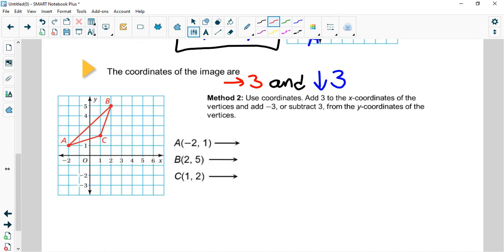So when I said earlier we add the horizontal value, it means we add 3 to the x coordinate. For the y coordinate, it tells me that I'm counting down 3. And when you count down, you get smaller. You get more negative. So we end up adding -3, or you could look at it as subtracting 3 from the y coordinate.